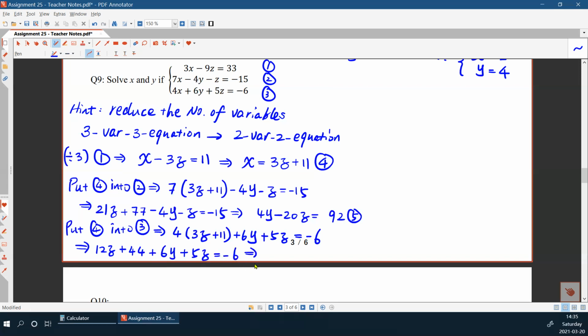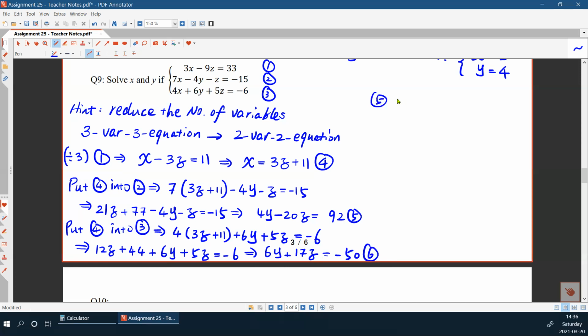Okay, and this is actually 6y plus 17z equals minus 50, right? Okay, let's call this 6.